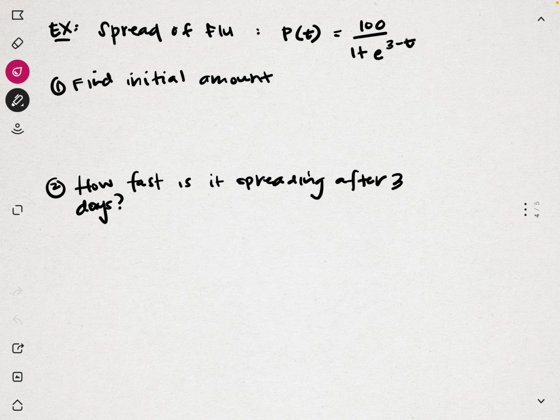Okay, so it says find the initial amount. Well, this is just an algebra 1 problem, right? Because initial amount just means, if t is 0, then what is our number of people? So we're going to plug in our 0, we're going to do 100, and I'm writing out how I'm going to put it in my calculator. So parentheses, because this implies parentheses from our fraction bar.